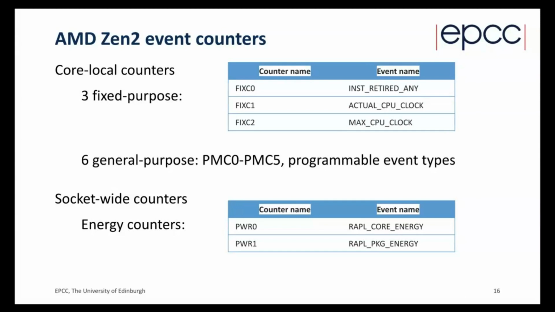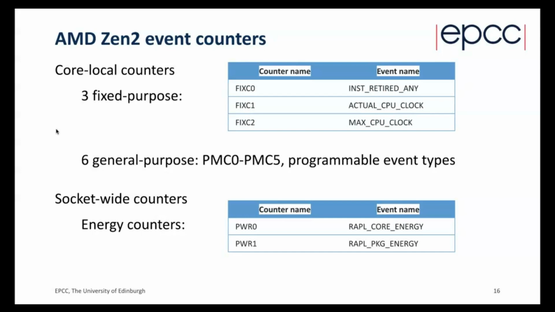So for the AMD Zen 2 processors that are on ARCHER2, the CPUs, each core has 3 fixed purpose counters, FIXC0, 1 and 2, which are always assigned to store the 3 event types: instructions retired, actual CPU clock, and max CPU clock.